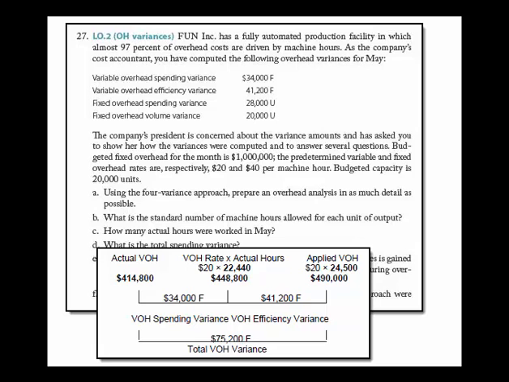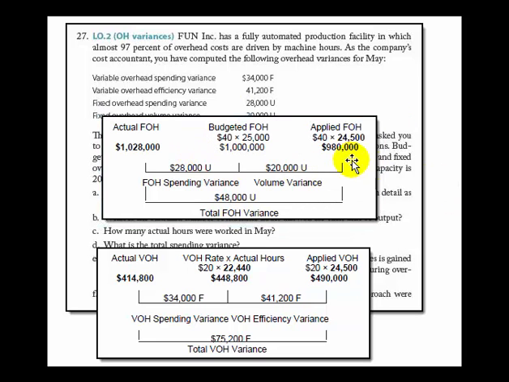I want to step back a minute here. In the last one, let me put that back on the screen here. Let me slide this over here so you can see it. All right, we were able to calculate that 980,000, right, divided by 40 gave us 24,500 of the actual hours applied. So we need that number to use here.